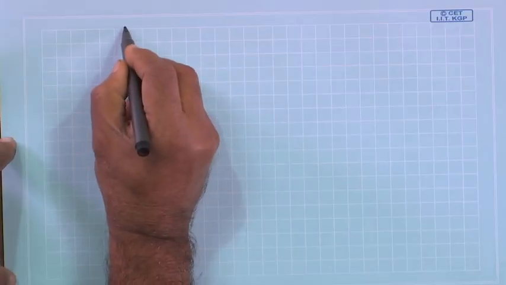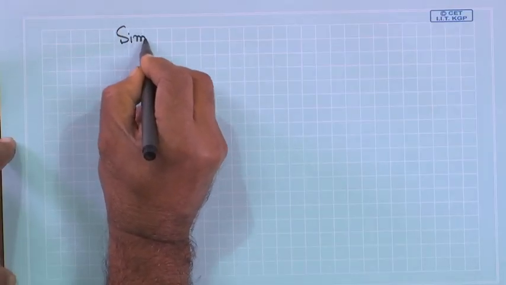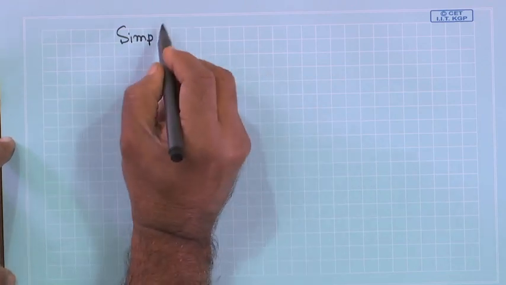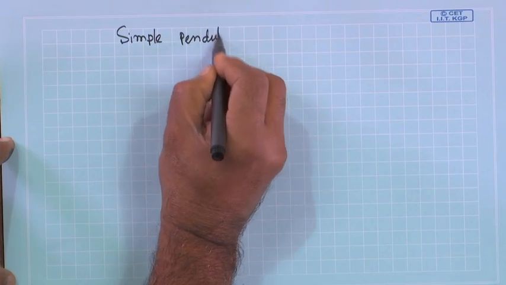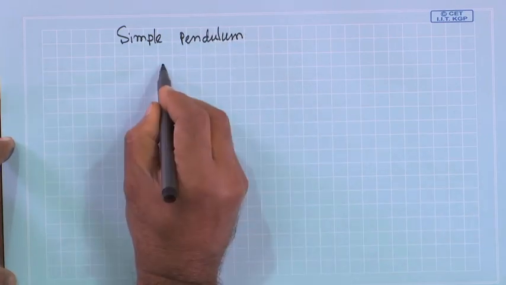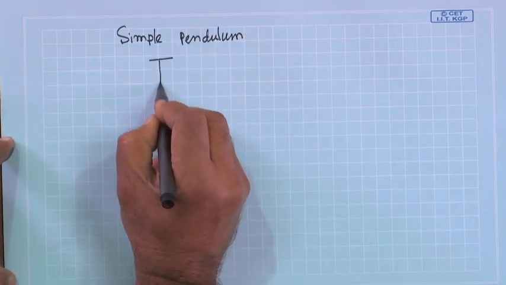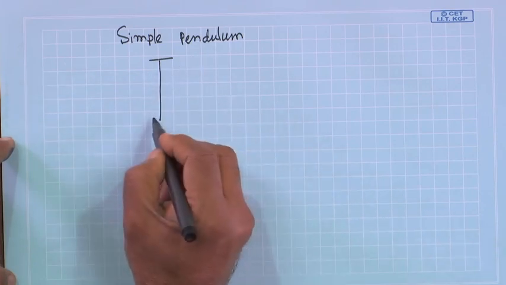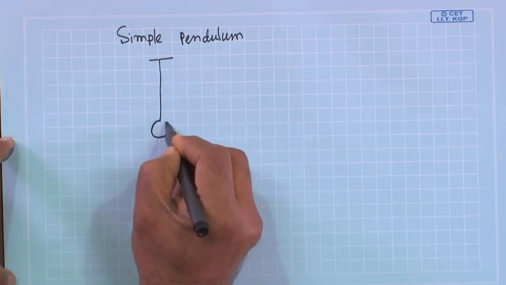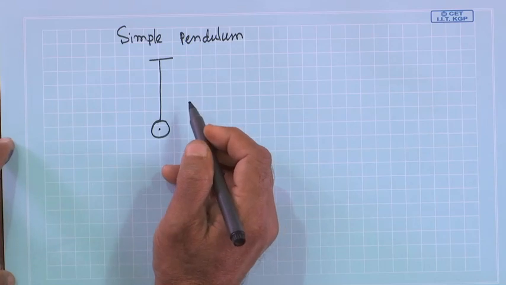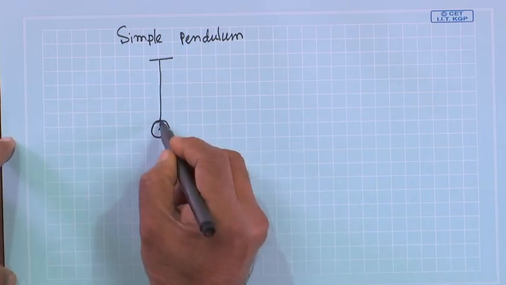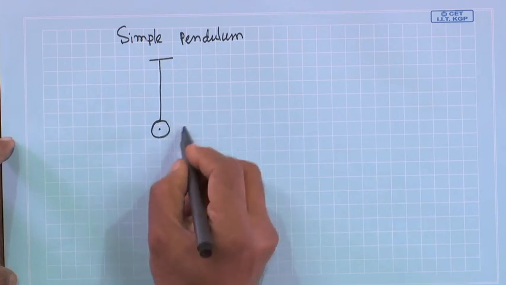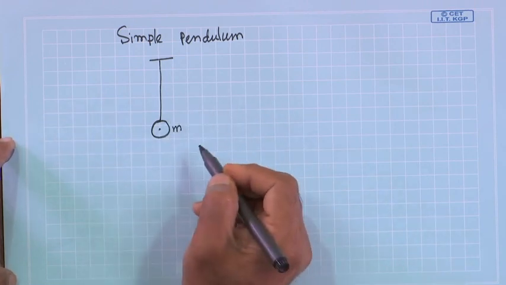So, this simple pendulum, from a support with a massless thread, we just hang a mass m, right.